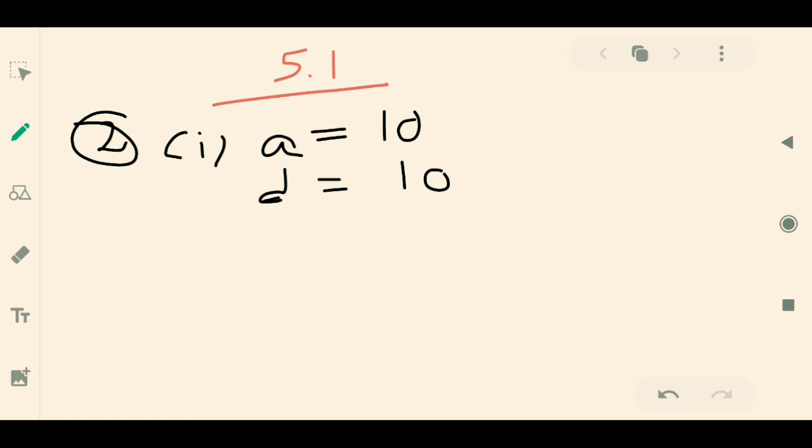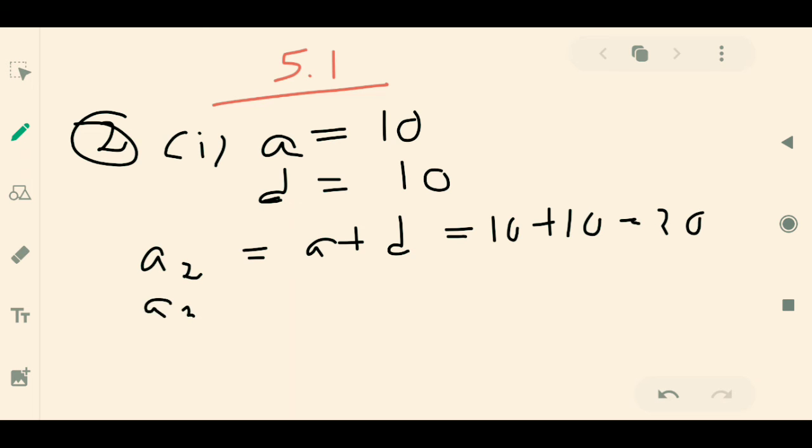As we know, the common difference we have to add to the first term. If we add the common difference to the first term, we get the second term, which we denote as A2. So you can write A plus d, where d means common difference: 10 plus 10, you get 20. Then A3, if you write, is A plus 2d.